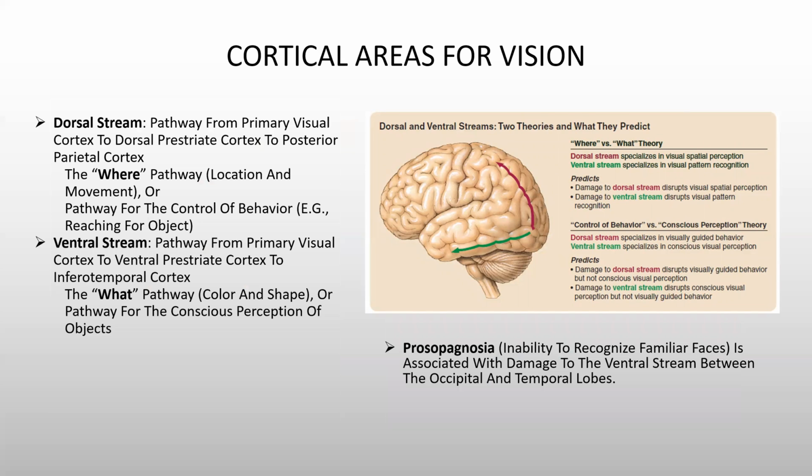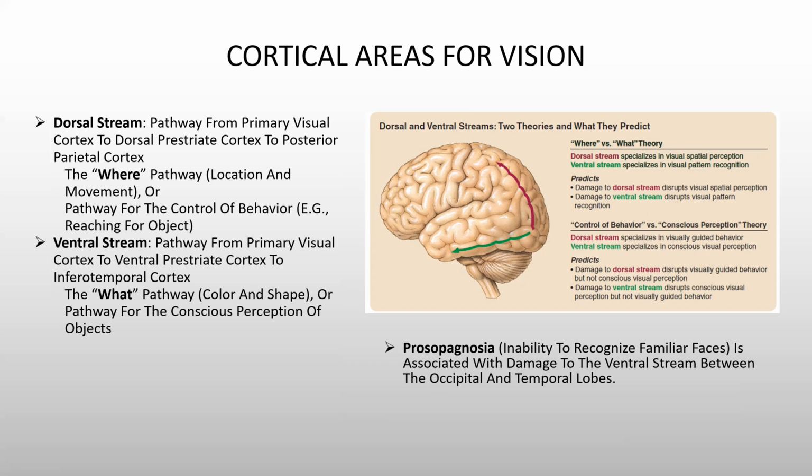Okay, a couple other things at the cortical level here is there's different pathways, okay? And we think that these are listed as where versus what theories, okay? There's a dorsal stream and a ventral stream. So let's start with the dorsal stream. It says pathway from the primary visual cortex, and you'll notice that as the red arrow going upwards. Okay, pathway from primary visual cortex to dorsal pre-striate cortex to the posterior parietal cortex.